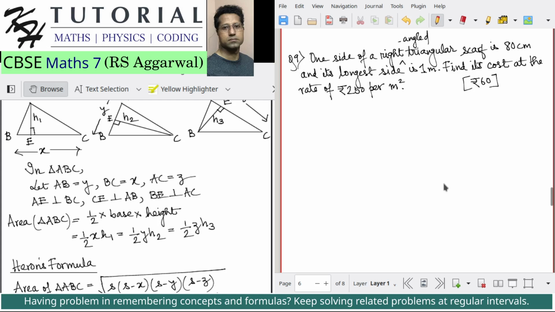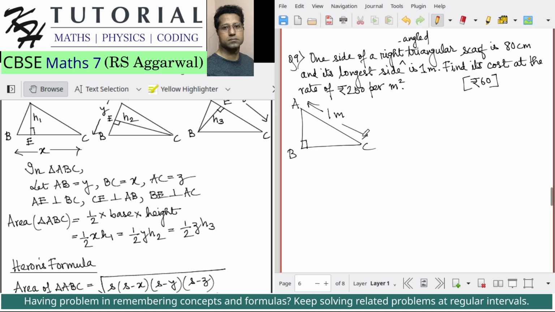Question number 9. One side of a right angle triangular scarf is 80 centimeter and its longest side is 1 meter. So the longest side means the hypotenuse. In a right angle triangle, we know the longest side is the hypotenuse. So let's say ABC is the right angled triangular scarf, right angled at B. So the hypotenuse is given as 1 meter.